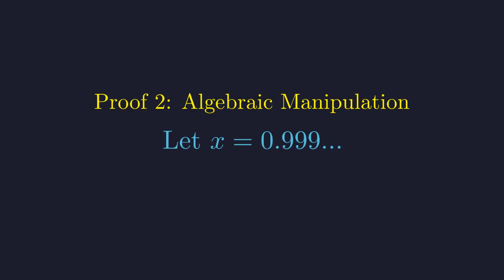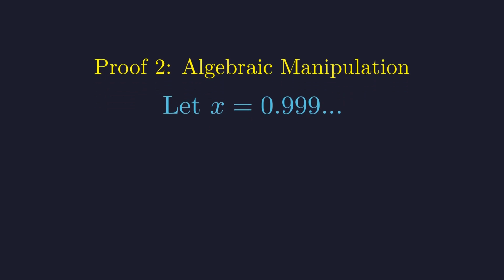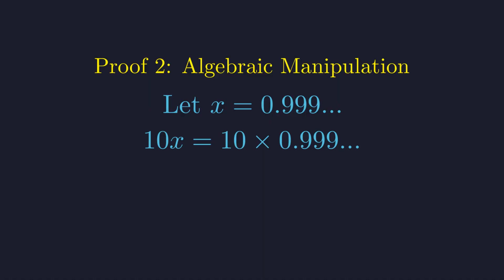Now that we've established what 0.9999... means as a mathematical object, let's start with what might be the most elegant argument. We'll set x equal to 0.999... Remember, by our definition, this means x equals the limit of the sequence 0.9, 0.99, 0.999, and so on. Now, here's the key insight. What happens when we multiply both sides by 10?